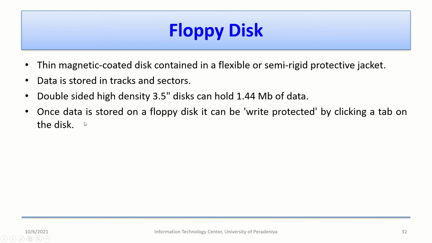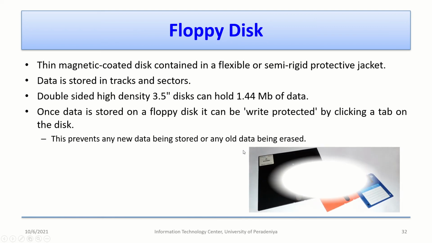Once the data is stored on a floppy disk, it can be write protected by clicking a tab on the disk. We have a kind of switch, and by using that switch we can keep the data in write-protected mode. This will prevent any new data being stored or any old data being erased.